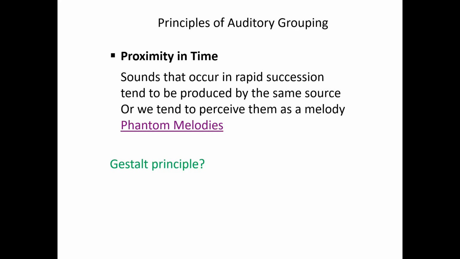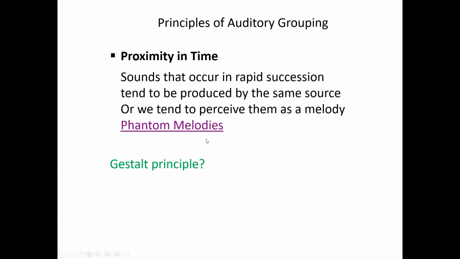So proximity in time, sounds that occur in rapid succession. That second one was the example of how that music is supposed to be played, and then we end up hearing those high and low notes segregate out into different melodies, but we tend to hear each melody as coming from the same source, or we tend to perceive those separate melodies. When things are closer, we hear more melodies.